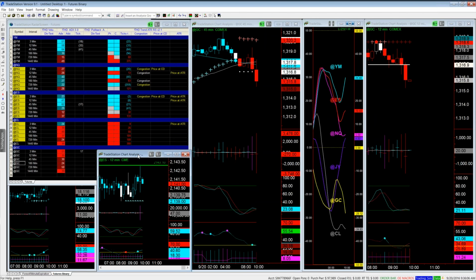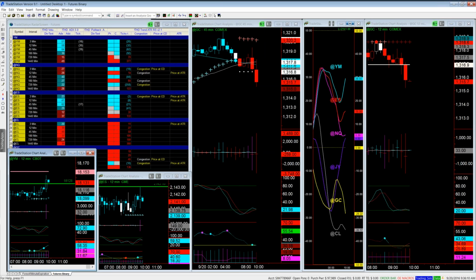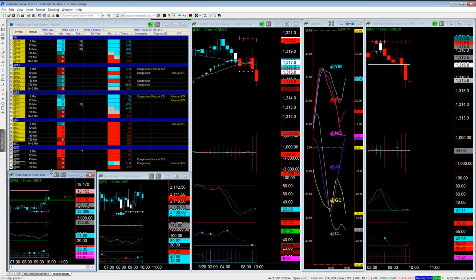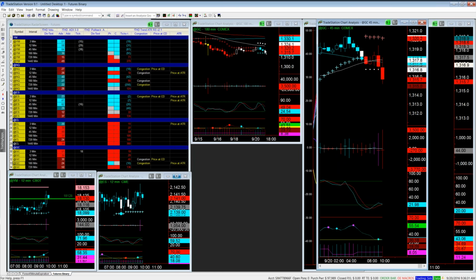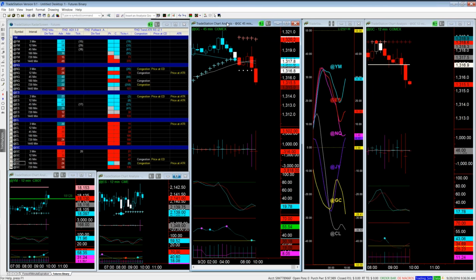So I'll get those out of my way. And this is one on gold. Unless it breaks through this ATR, I will not touch that market, because just as soon as you go into it, it will bring you out of it.